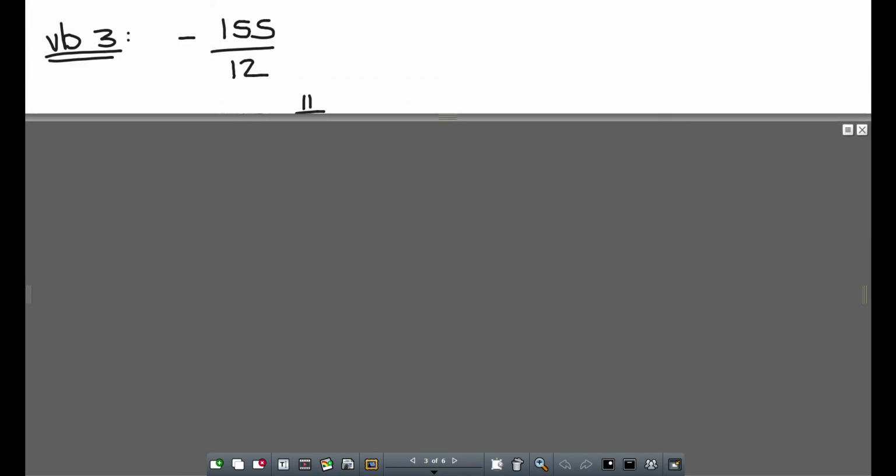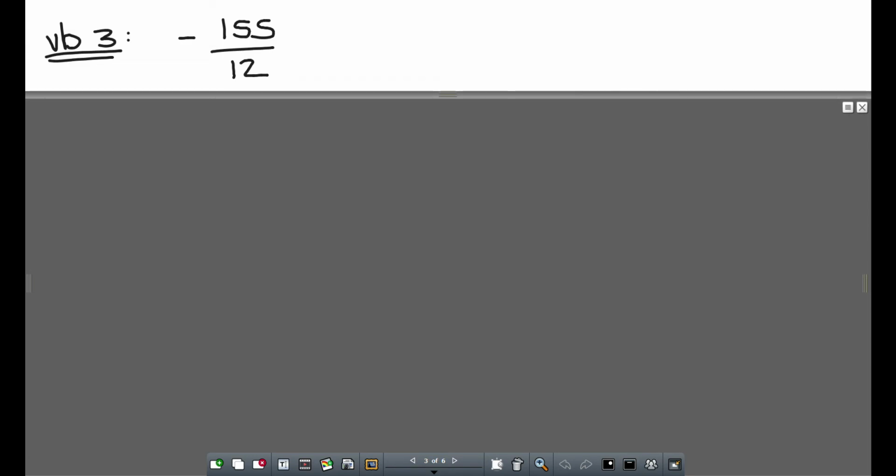Example 3. Quickly do that one. There's a negative in front of the fraction.